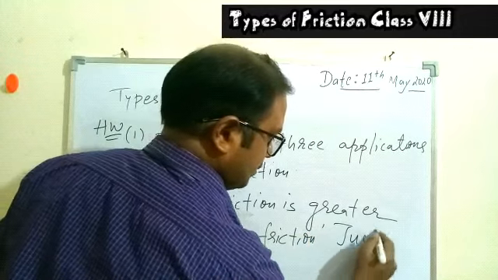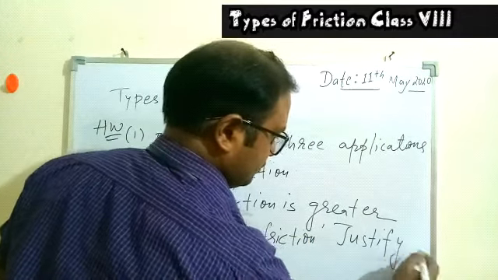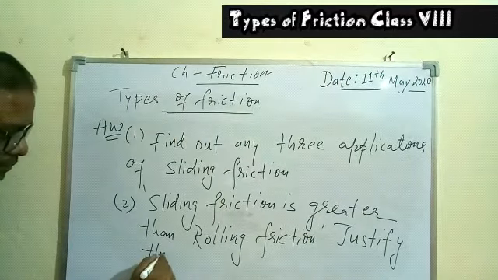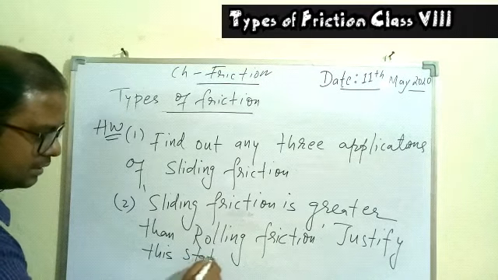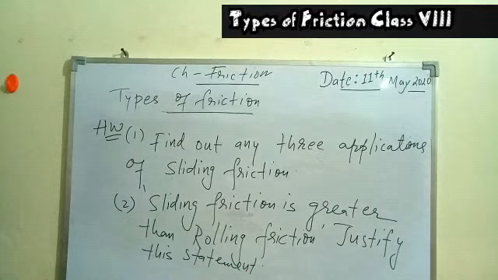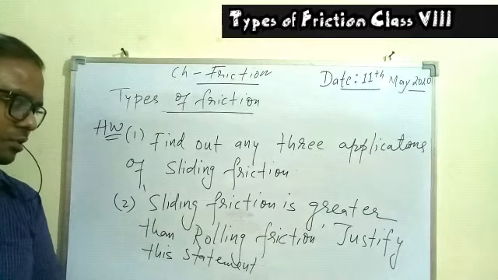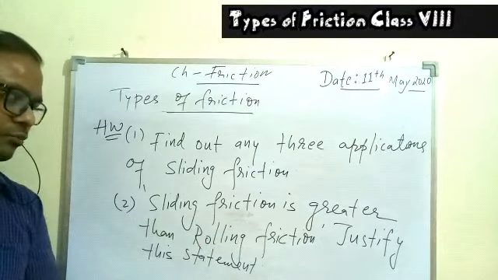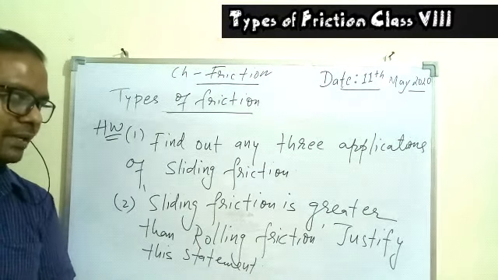Justify this statement. I have already explained the answer, but still you need to think how to answer the question. Sliding friction is greater than rolling friction. How will you explain it properly?